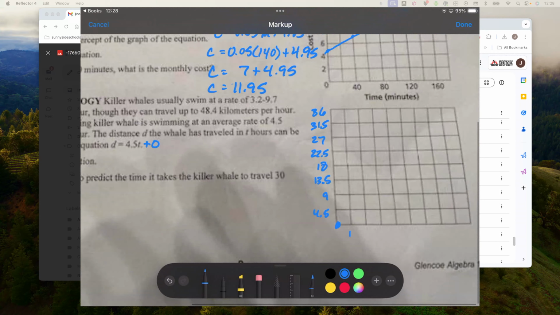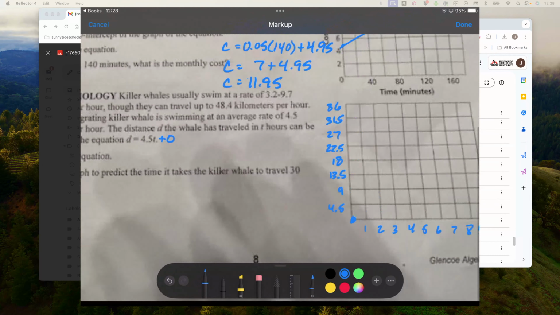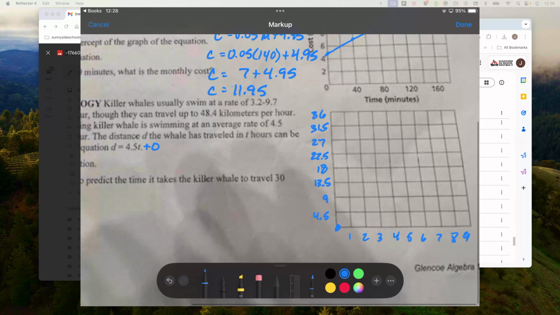So 1, 2, 3, 4, 5, 6, 7, 8, 9. Okay. So anyway, if we did that, it would be 4.5 every hour. So I'll just go like this.